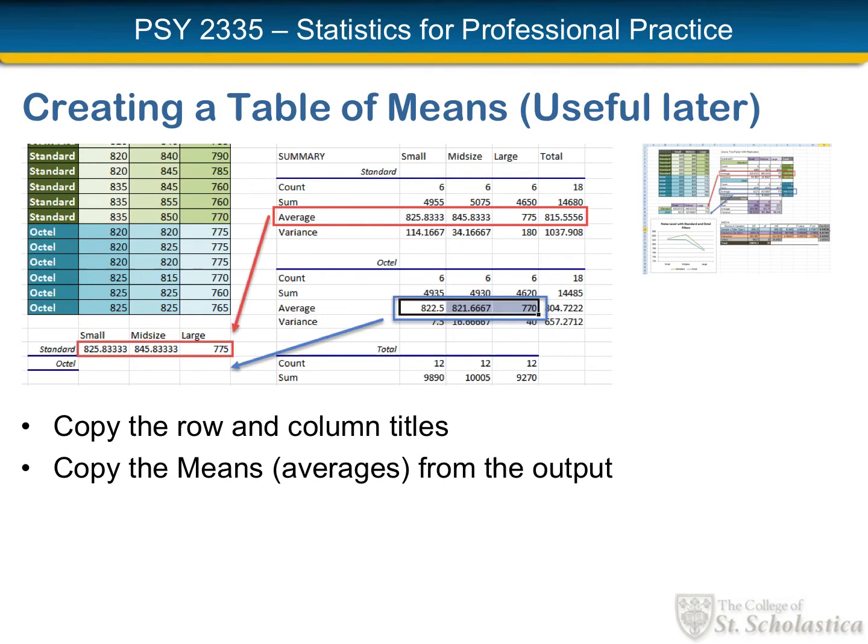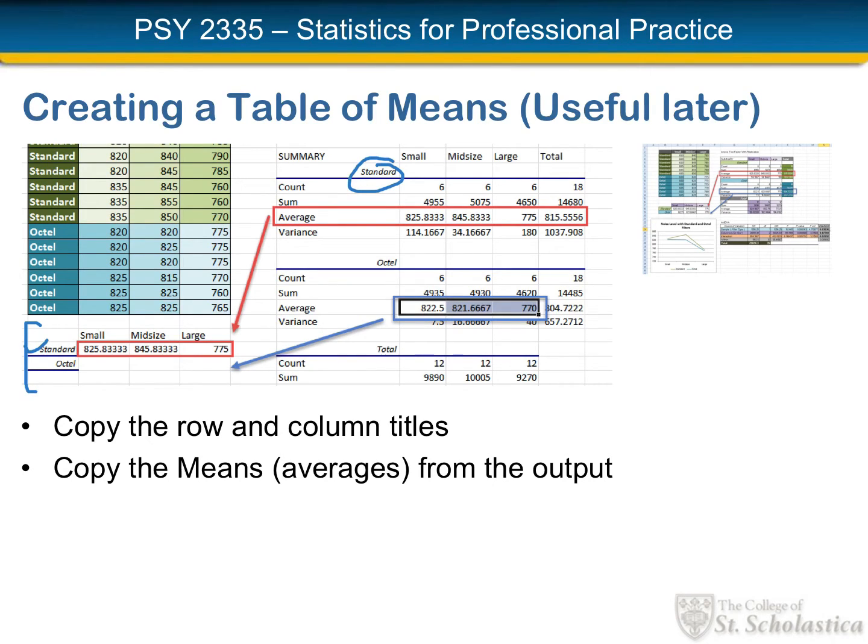While I'm looking at the descriptive statistics, one of the things that's a good thing to do is to create a small table. You can see I've got it started over on the left-hand side that has the means, and I could put in the standard deviations as well, but I chose to only copy the means. So I'm going to get the means just of the standard group and put them in the top row.